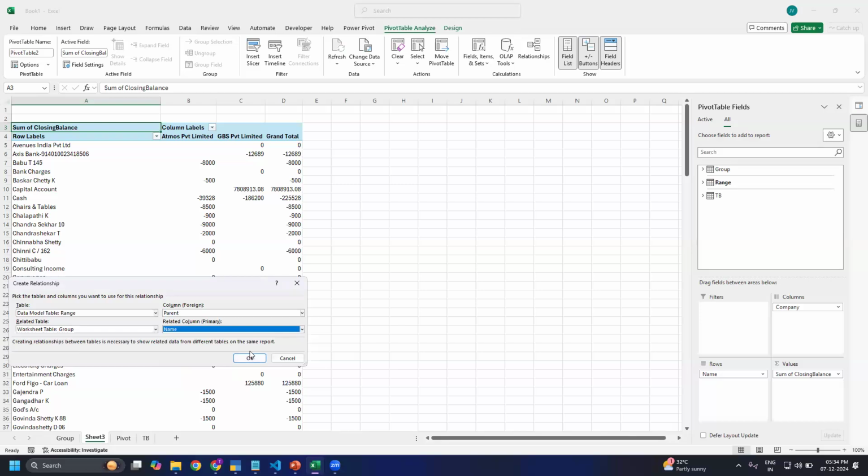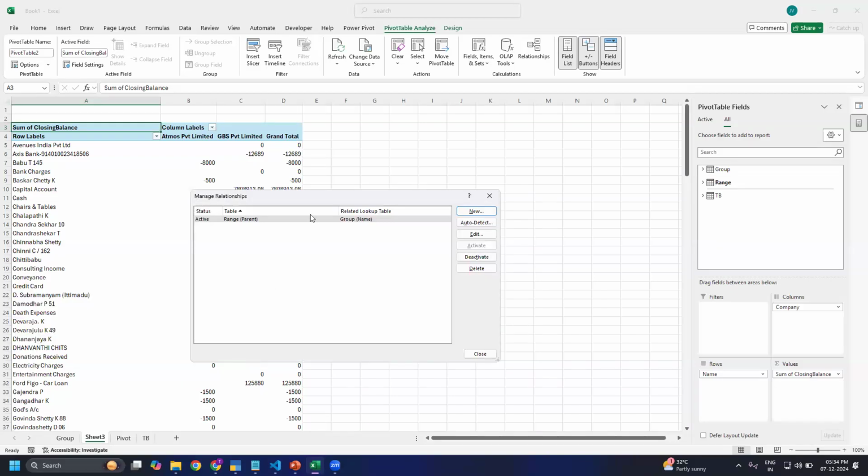So now when we click on this OK option, it will start a relationship with groups and TB. So now we created a new relationship between TB and groups. So I will click on close.